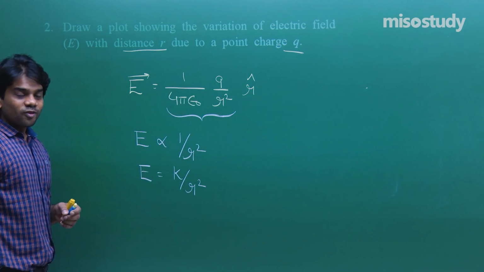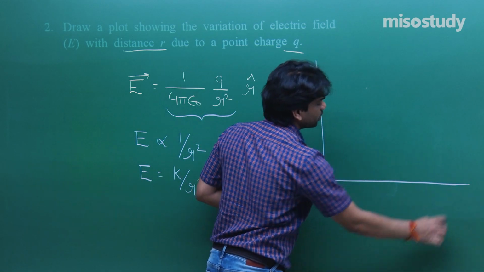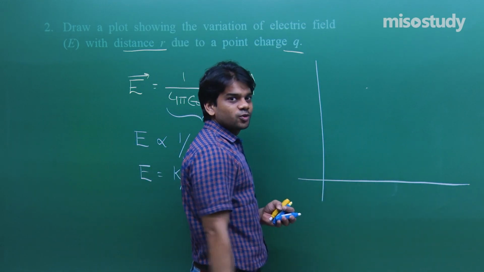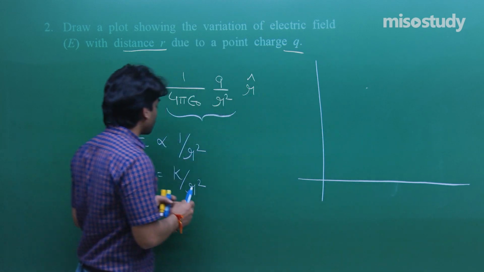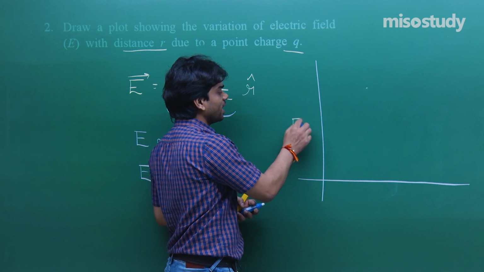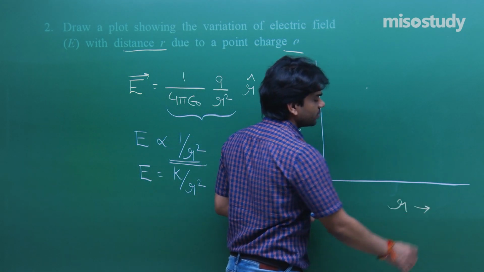Now very simple, let me show you the variation of field with respect to distance R. So if R increases, the field has to reduce, and it's an inverse square law that should hold. So I'm mentioning electric field on the y axis and distance R on the x axis.